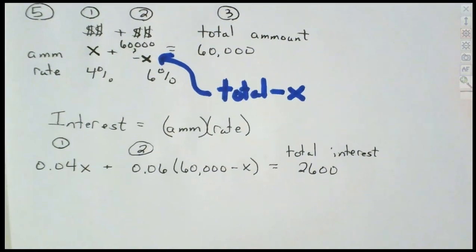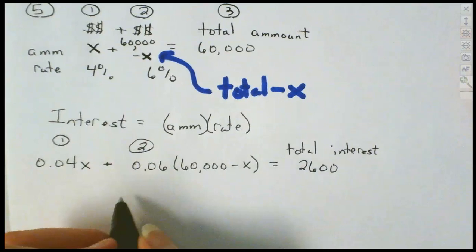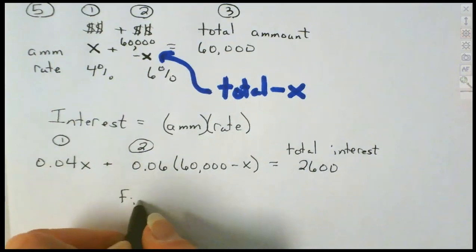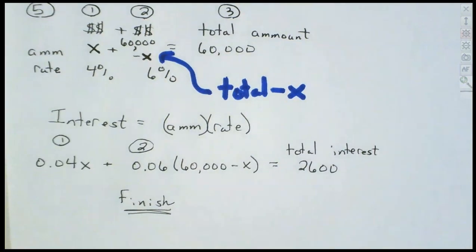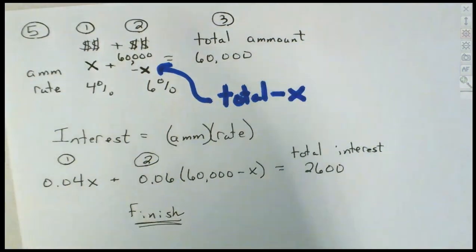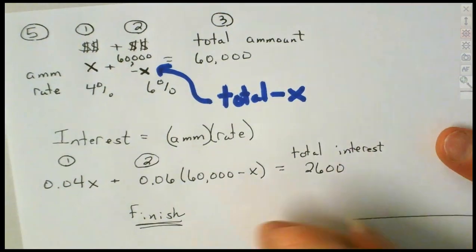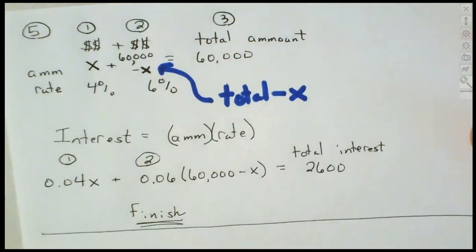So now you should be able to finish this one out. So distribute through, combine like terms. You should then be able to solve that particular problem. I know the setup is where we struggle, so we're spending a lot of time talking about the setup.